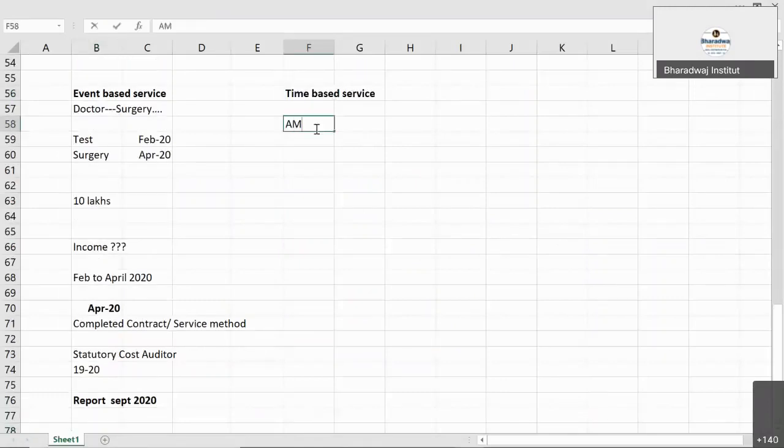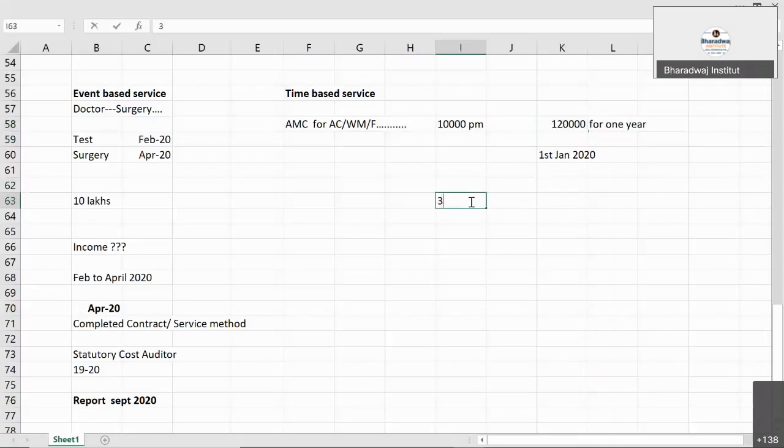For example, you have signed an annual maintenance contract for your AC, washing machine, fridge. Let's assume the amount payable is 10,000 per month for all the appliances, which means you paid 1,20,000. Let's assume this amount was paid on 1st January 2020 for 1 year.